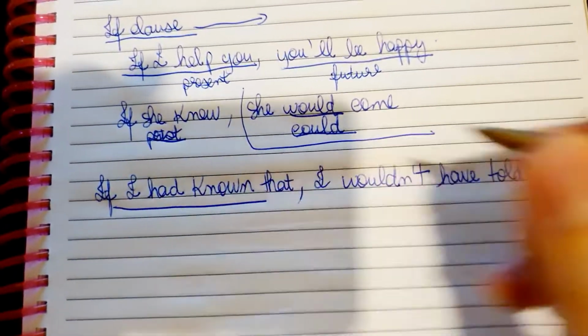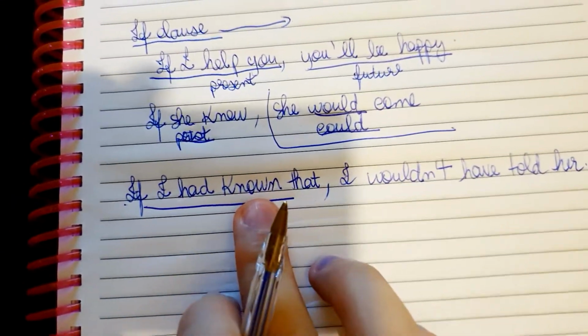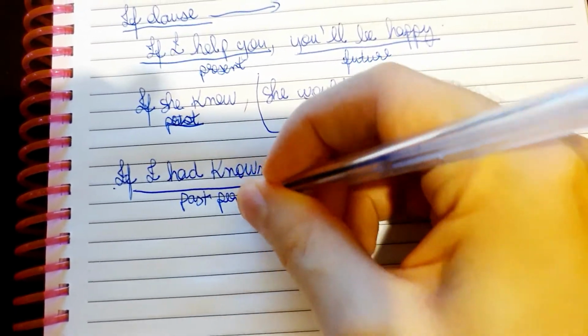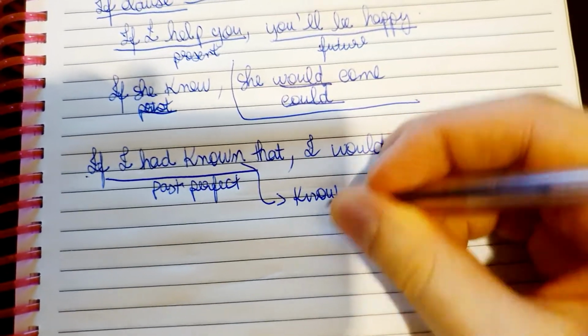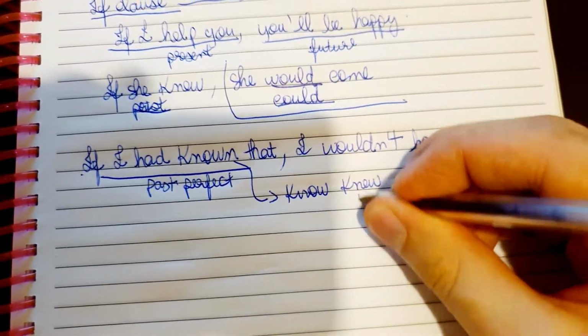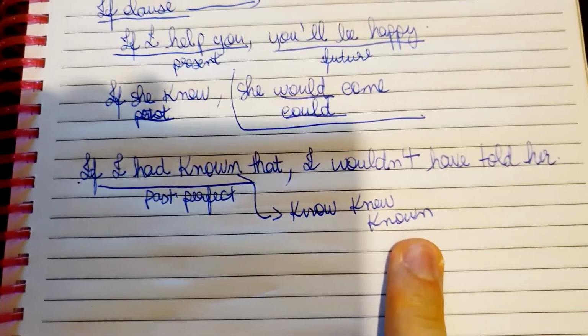So when you have the if part of the sentence with the past perfect, and you know the past perfect, the verb known is know, the simple present, knew, known. So I have to make a correction here, right?